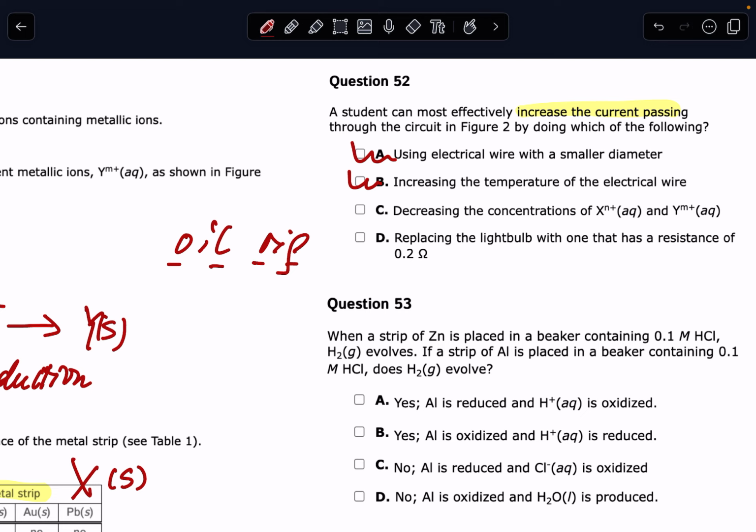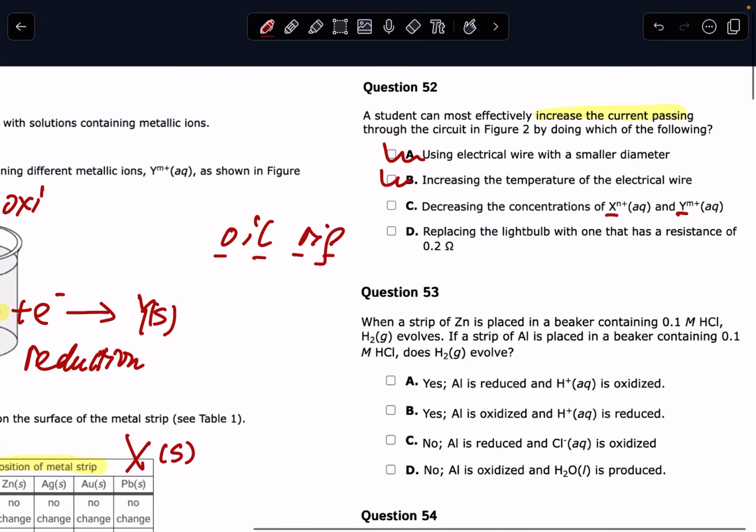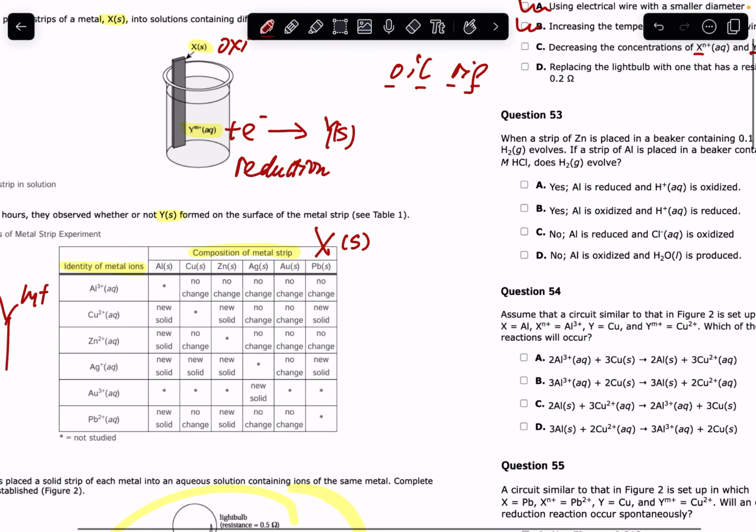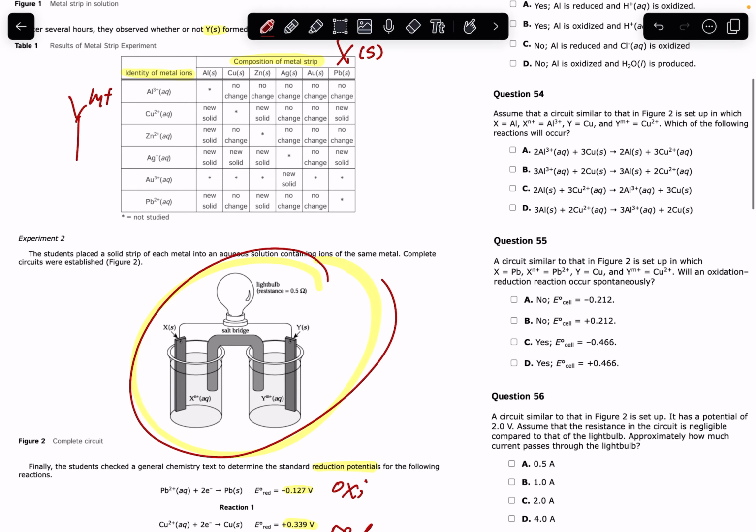And then C says, decreasing the concentration of X^m+ (aq) and Y^m+ (aq). This is being ambiguous, not telling me what X is or what Y is. But it doesn't matter, right? Because decreasing the concentration of X and Y, we know that it would basically decrease the redox reactions.